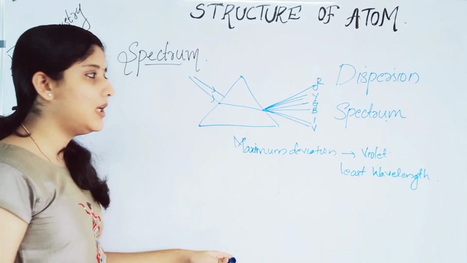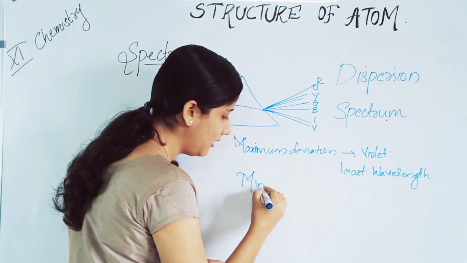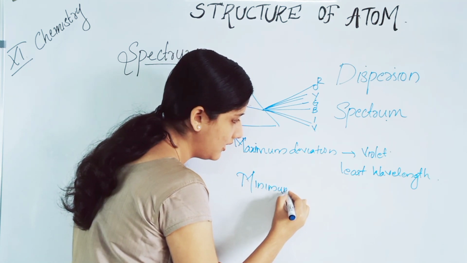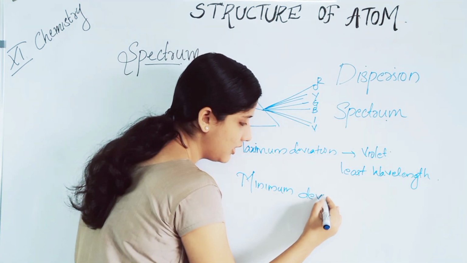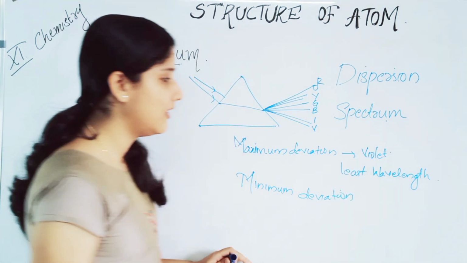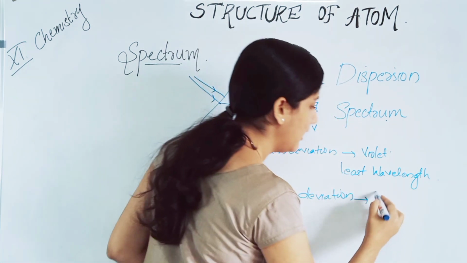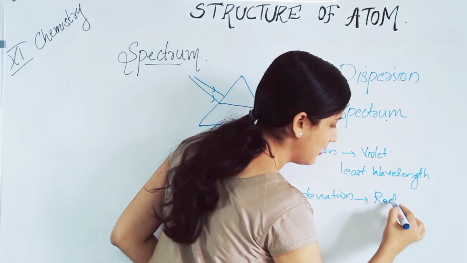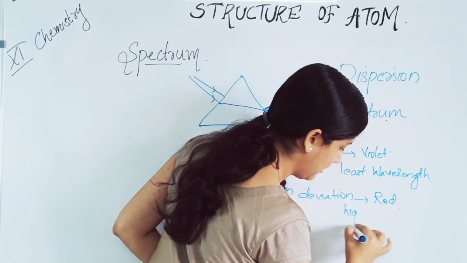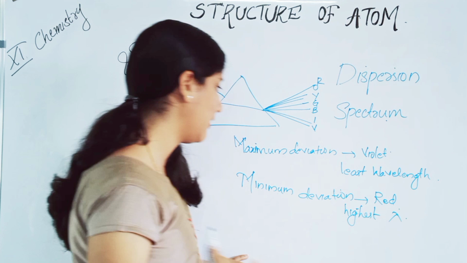And the minimum deviation will be for the red color, and it is having what? The highest wavelength, or lambda we can write.